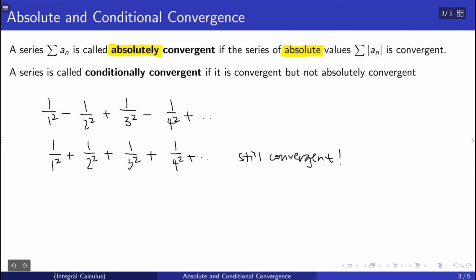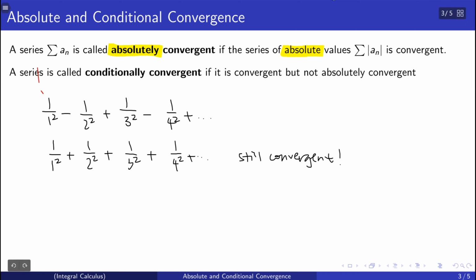And absolute convergence is a stronger form of convergence. Because you don't always expect a series to converge in its absolute values if it converges to begin with when it's alternating. And that kind of makes sense, because if you look at your alternating series test, the bar is really low for a series to converge there.